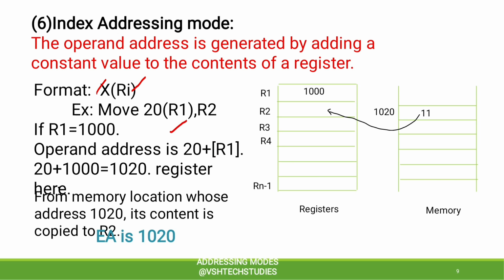R1 is the index, 20 is the offset. R1 is having 1000, so the content of register is 1000, that is the index. To that, 20 offset is added. So 1020. Now this gives the operand address, the effective address. In that memory location, whatever is there is transferred to R2 because R2 is the destination here. So effective address is 1020.